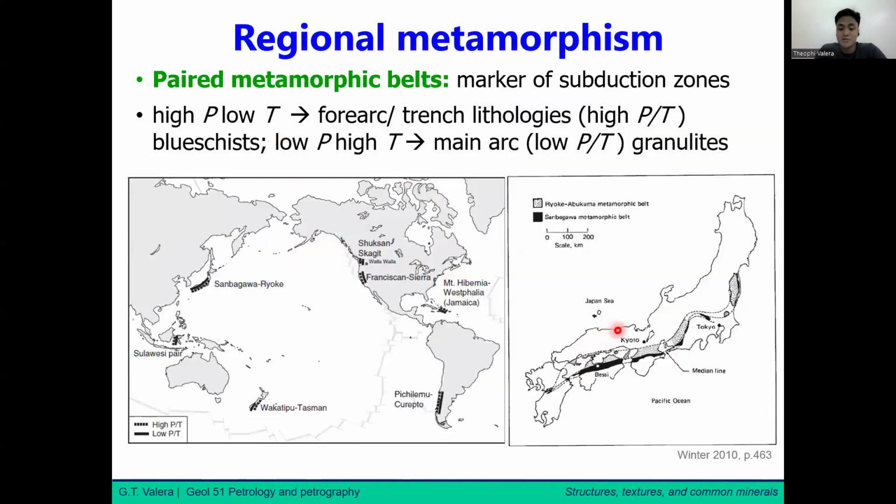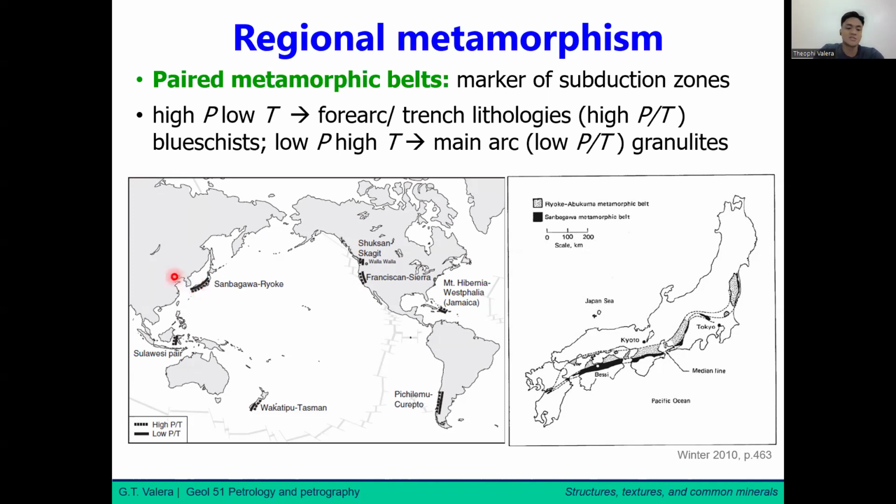Sorry, this was first recognized actually by Miyashiro in Japan, of course. So the Sanbagawa Belt represents the high P/T rocks. So in the field, you'll see pillow lavas. So these are basalts with clear lava flow texture that's been subjected to blueschist facies metamorphism.